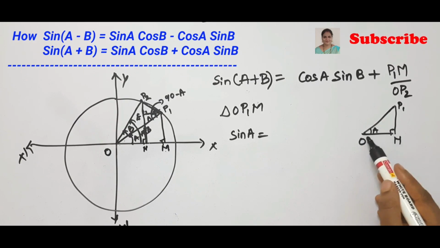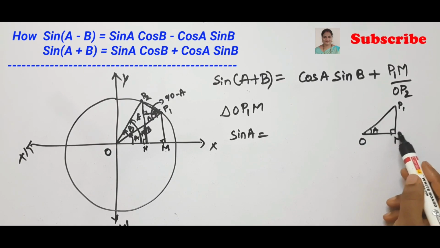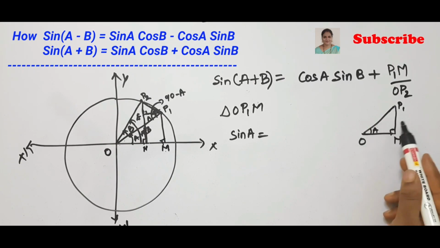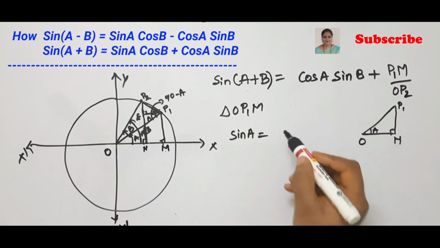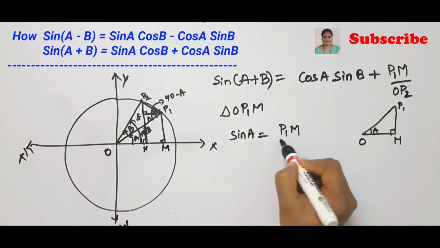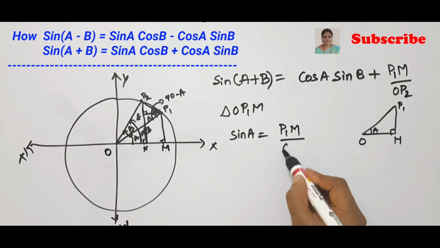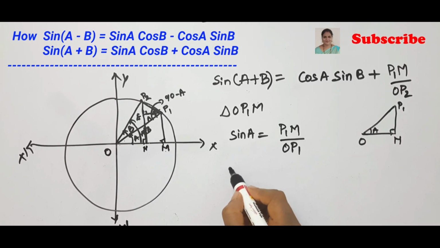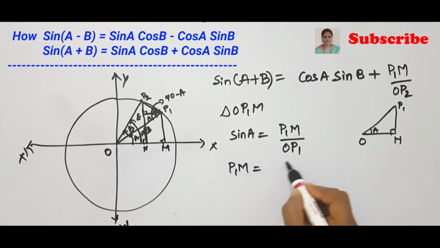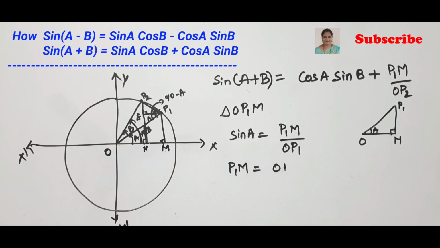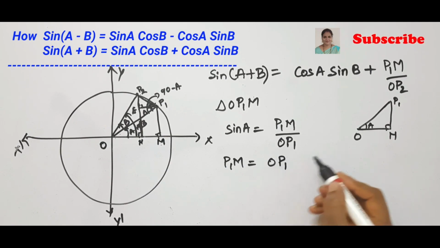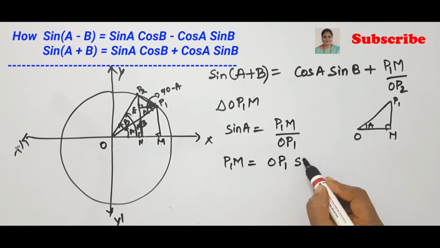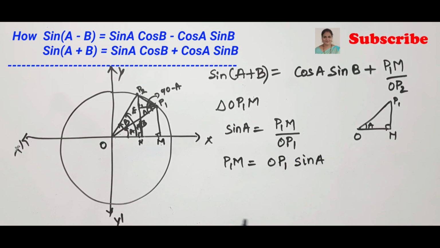Sin A is the opposite side by hypotenuse. The opposite side to angle A is P1M, and the hypotenuse is OP1. So finally we will get P1M equal to OP1 into sin A.